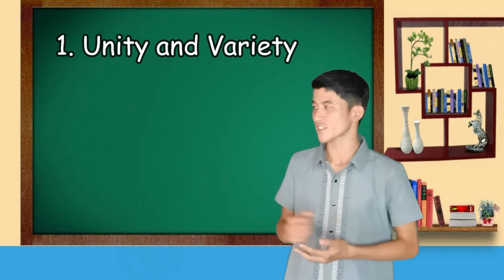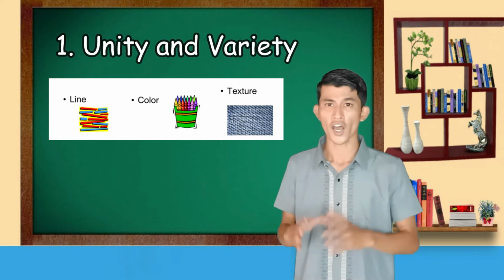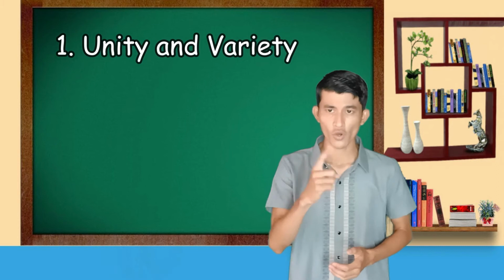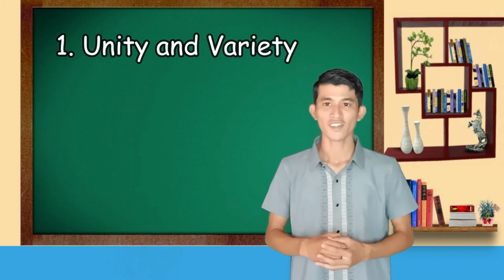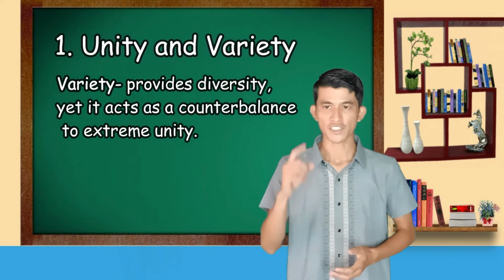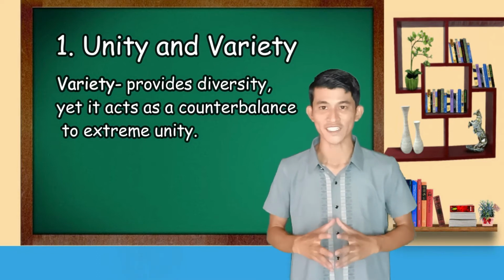All the elements such as lines, colors, or texture, and others belong together, which result in having a coherent and harmonious whole. A variety provides diversity, yet it acts as a counterbalance to extreme unity.